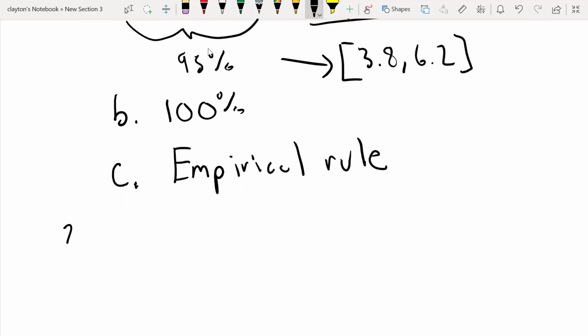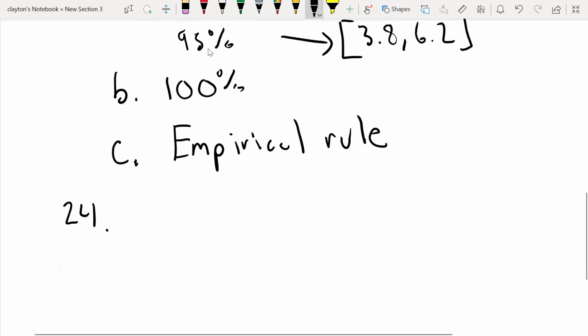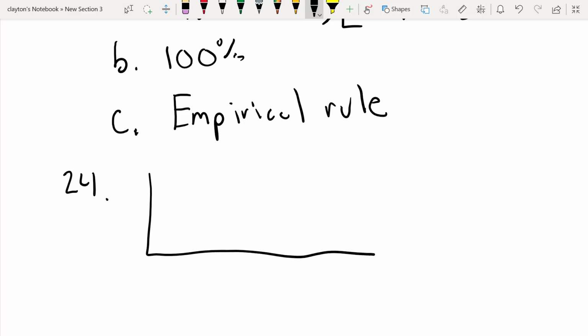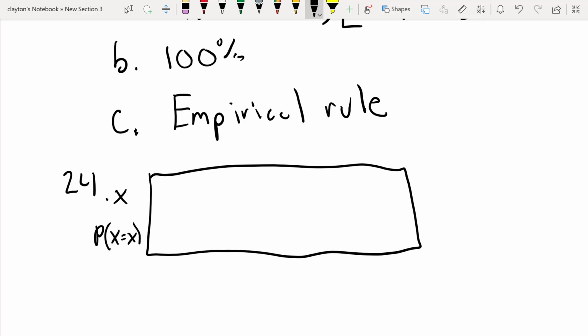Okay, 24 says, using the probability distribution table in question 20, so we'll have to remind ourselves, assuming that the probability of x equals -2 and x equals -1, calculate the standard deviations rounded to 2 decimals. Okay, so question 20, we have this. After we fill out the chart, this is x, and this is p of x equals x.